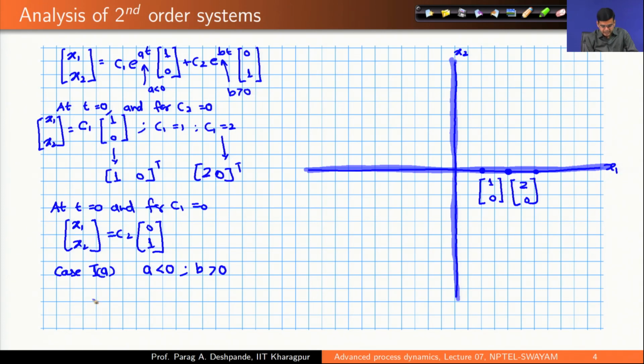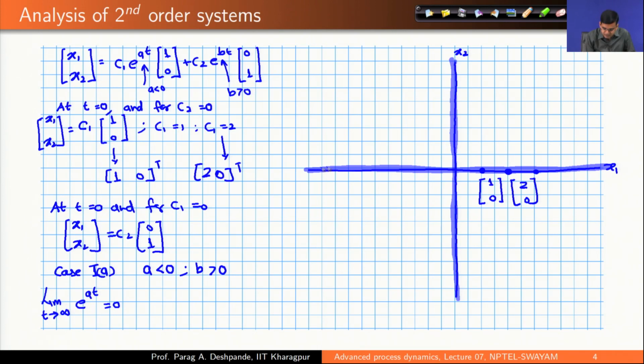So, therefore, e to the power a t will be equal to 0 as limit t tends to infinity. So, as time goes to infinity, e to the power a t would become 0.